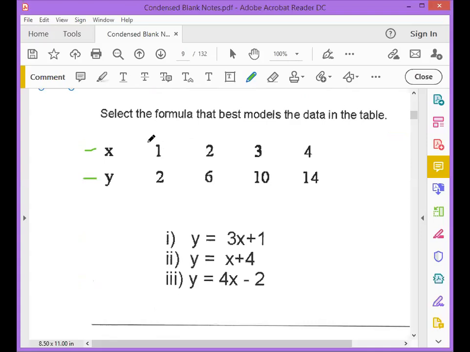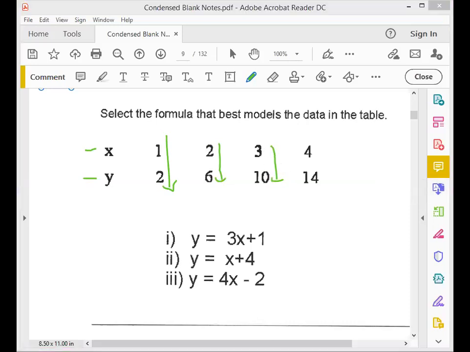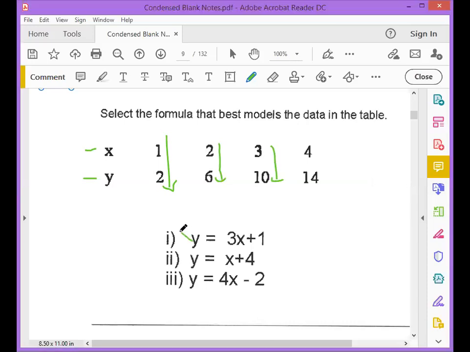And when we look at these digits going down each column, we're saying that when x is 1, y should be 2. When x is 2, y should be 6. And so forth. When x is 3, y should be 10 if we move forward. Now we want to just check and see which of these combinations would give us a true statement if we substitute them into the equation. So we've got to actually test these values out.